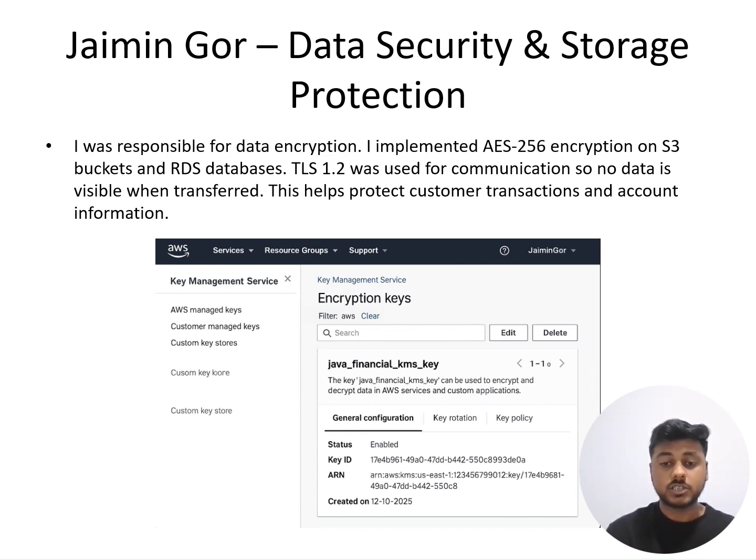For data transmission, we implemented TLS 1.2 to encrypt communication between clients and AWS servers. This ensures that no one can intercept or view sensitive data while it's moving across the network. Together, these two layers, encryption at rest and in transit, form the backbone of our data security design.